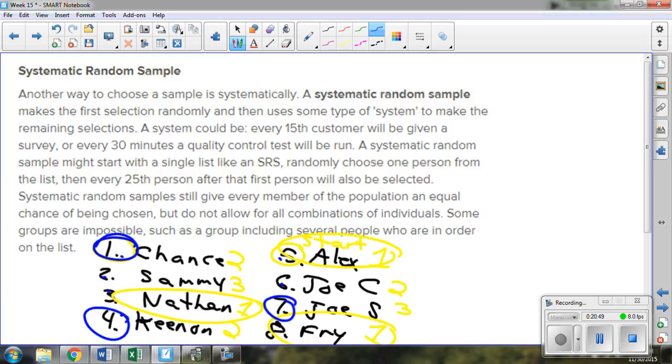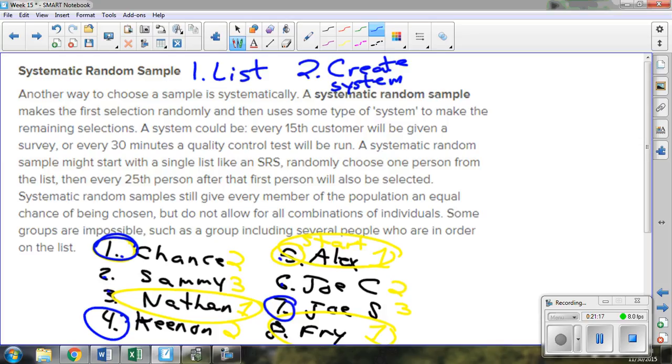In a systematic random sample, you will start by creating the enormous list, the same way that you would for a simple random sample. You would create the system that you plan to follow, whether that's every other person, every third person, every 20th person.